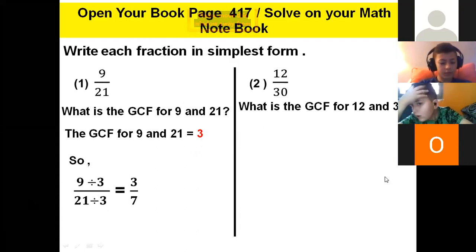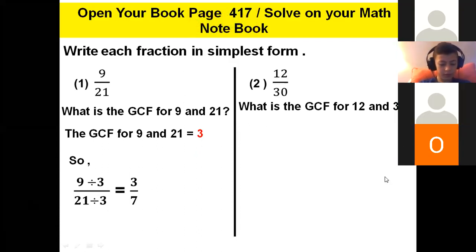Yalla, Misk. Misk, you're raising your hand. Yes, teacher. Yes, Misk. Yalla, the next one is 12 over 30. What's the greatest common factor that you're going to divide them both by? 3. 3 is a common factor, but not the greatest one.